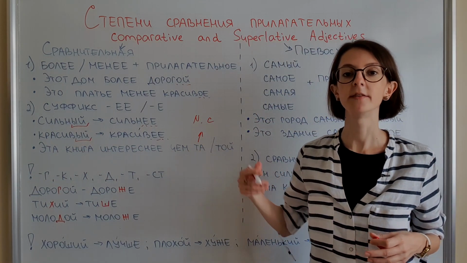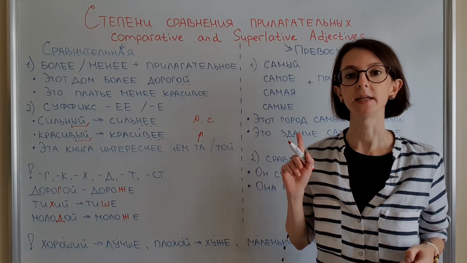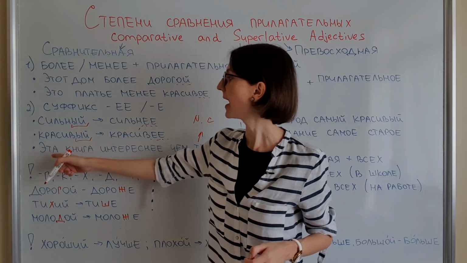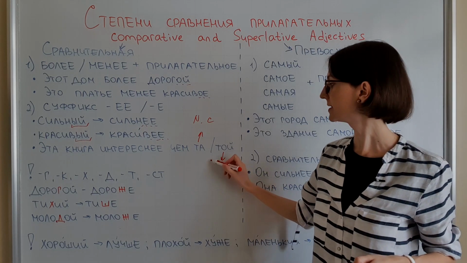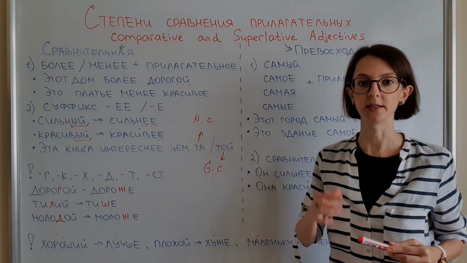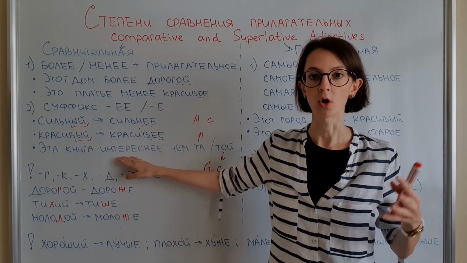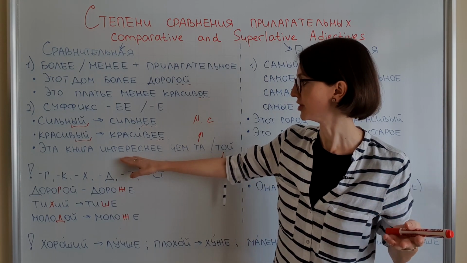Чем та, than that. Or you can skip чем, but in this case you need to use genitive case. You can say эта книга интереснее той. This is genitive case. Это родительный падеж. Okay? So here интереснее, more interesting. This is our comparative adjective.